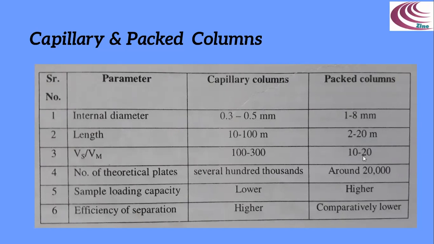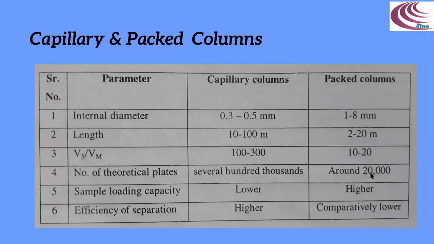The number of theoretical plates per foot length of the column is 100 to 1,000. That can increase. The best packed columns have a total of 20,000 or more theoretical plates.